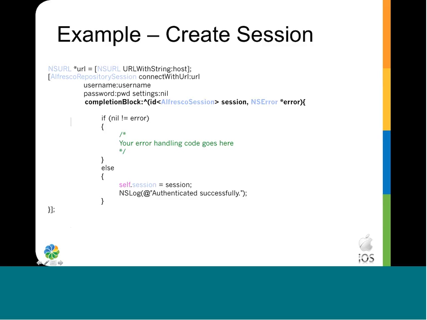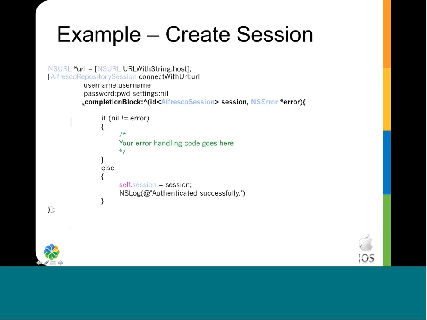But the main activity here is in the line that starts below that, where we're using an Alfresco repository session class. That's an example of how classes in the Alfresco Mobile SDK would be named. We connect with URL, and we pass in the username and the password.